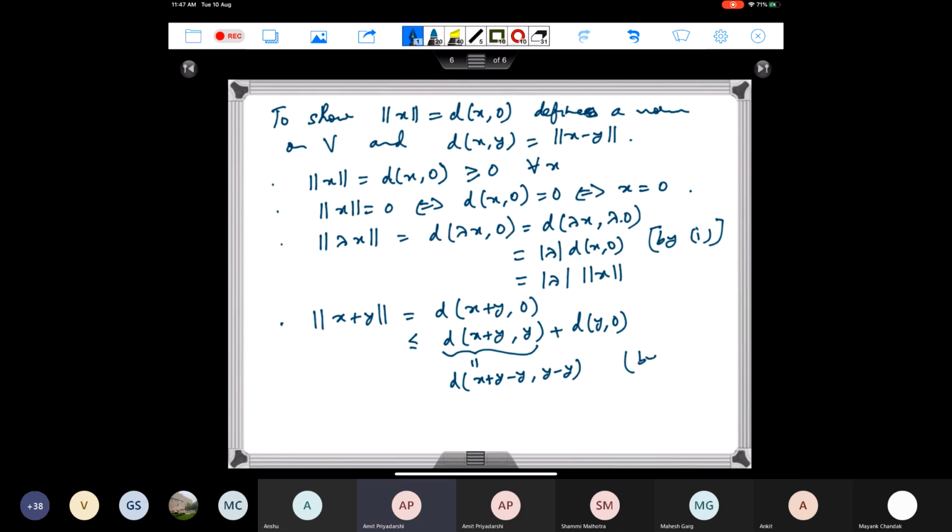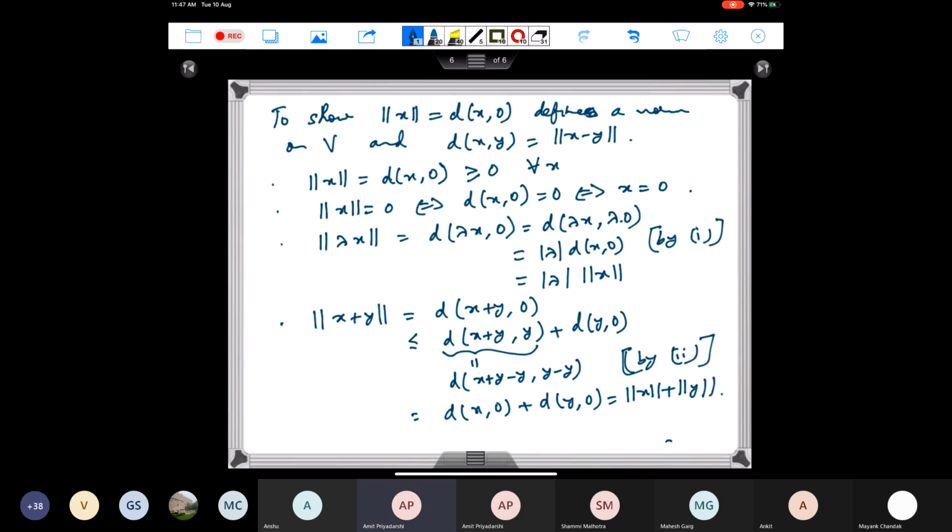This is by translation invariance. Therefore this is equal to d(x,0) plus d(y,0), which is norm x plus norm y.